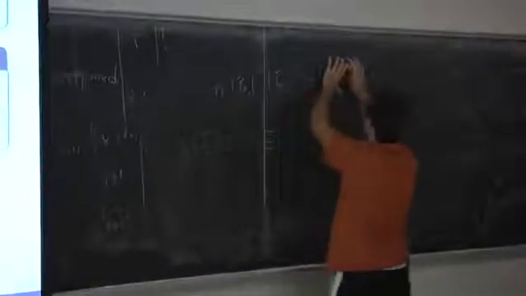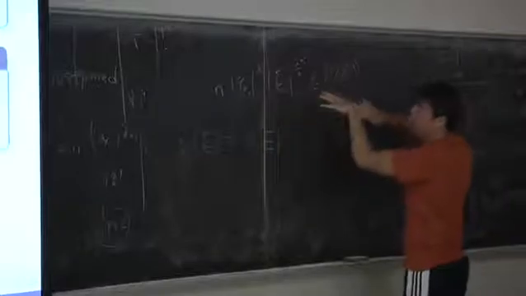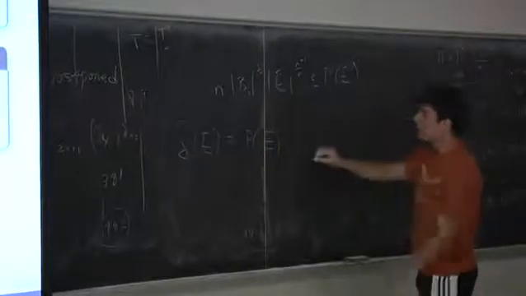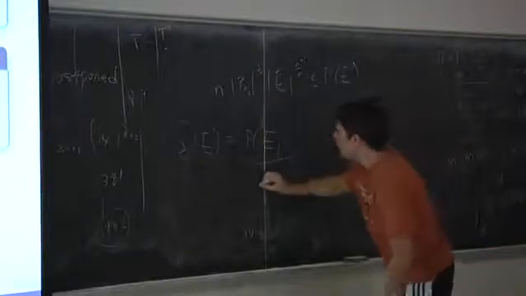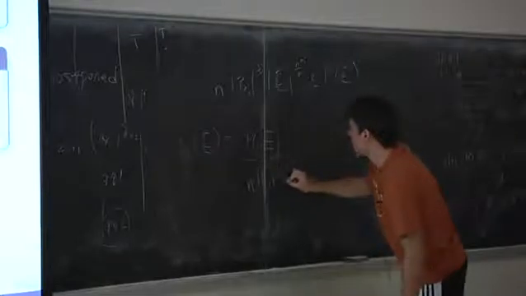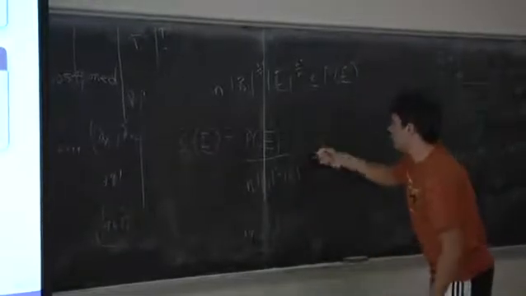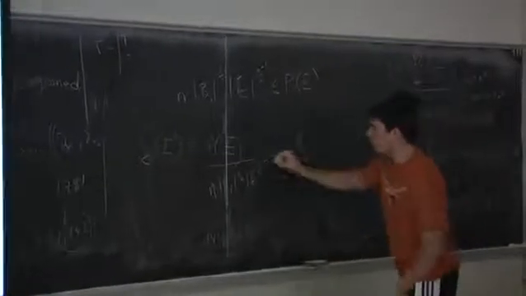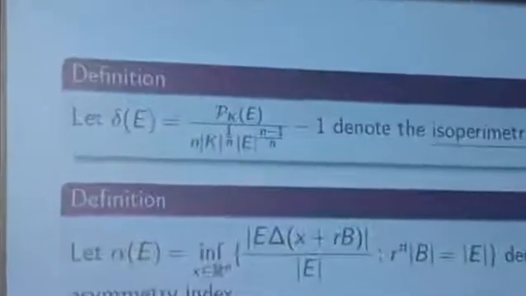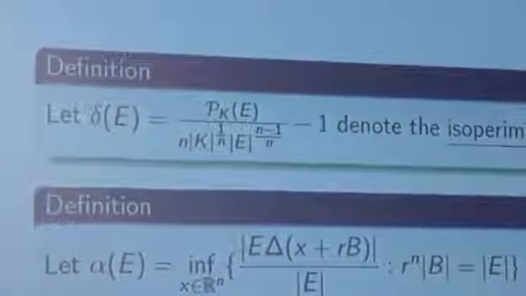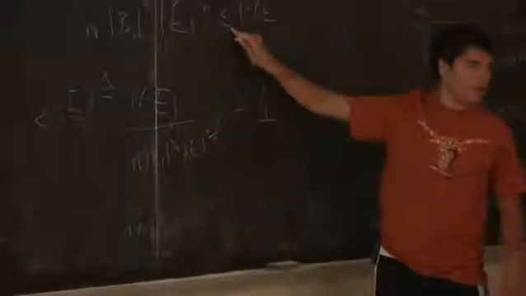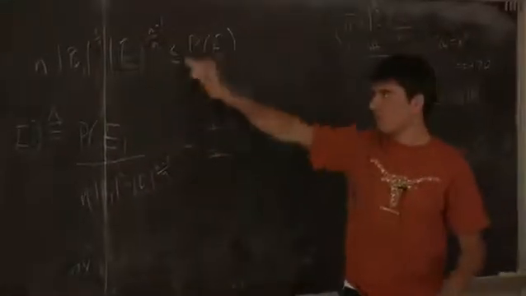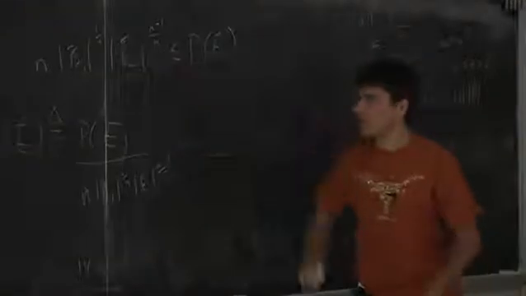So this over left-hand side is just greater or equal to 1, and then we're going to subtract 1. So we know that if we make this definition, then delta of E is non-negative by the isoperimetric inequality, right? So that's what this says.